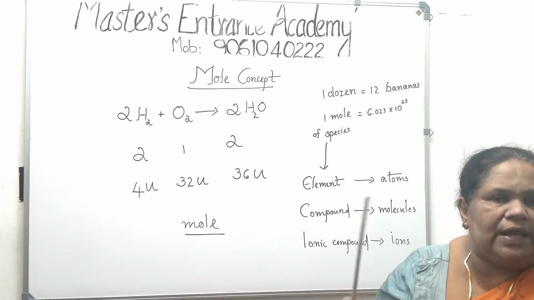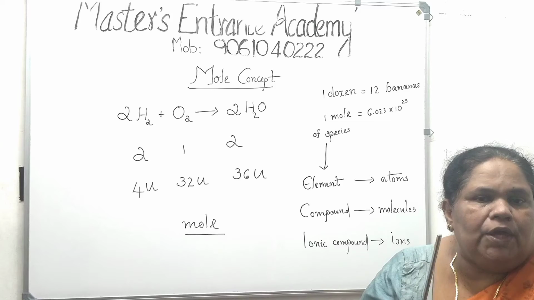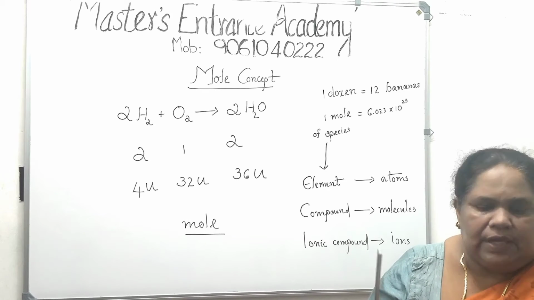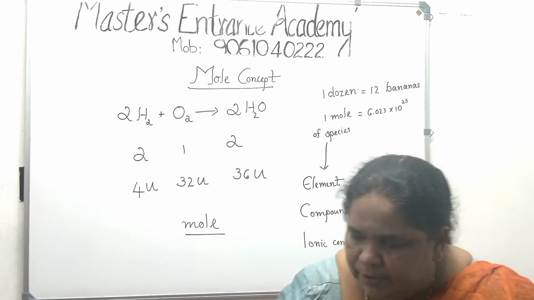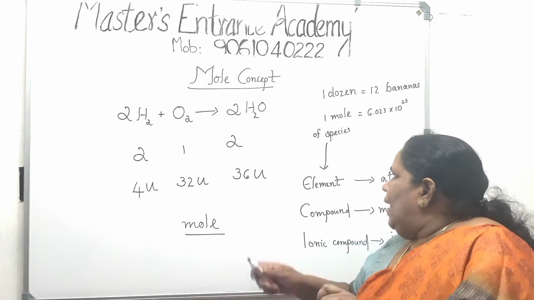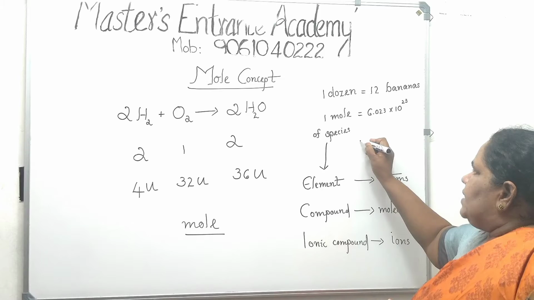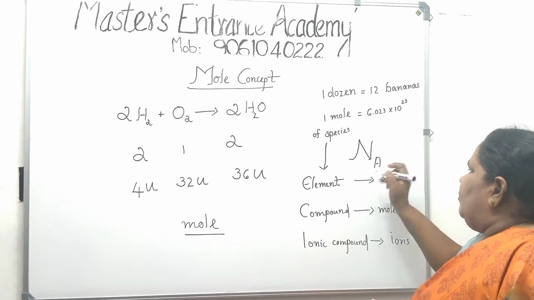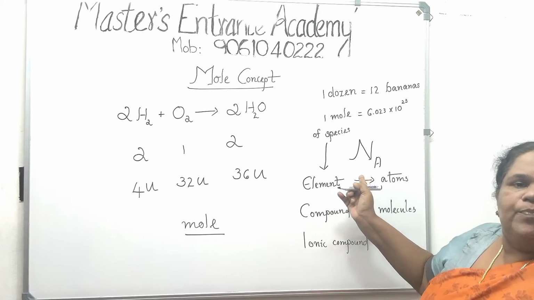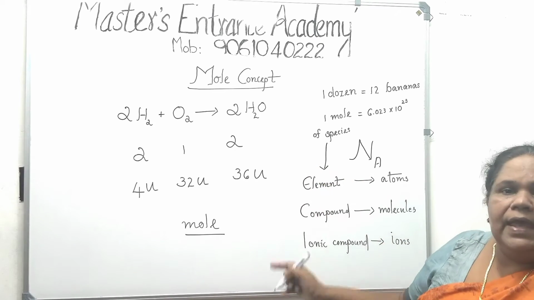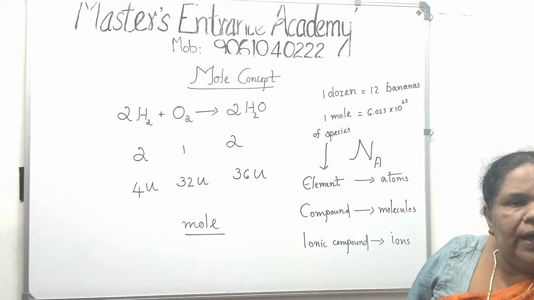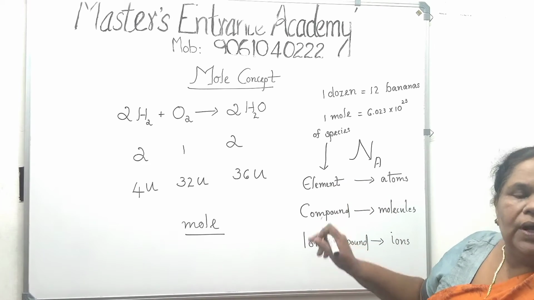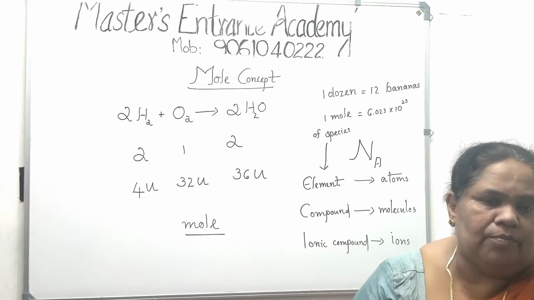That fixed number is 6.02 into 10 to the power 23, the Avogadro number. Avogadro number can be expressed like this: NA, capital letter N and capital letter A. NA stands for Avogadro number. This is the abbreviation for Avogadro number.